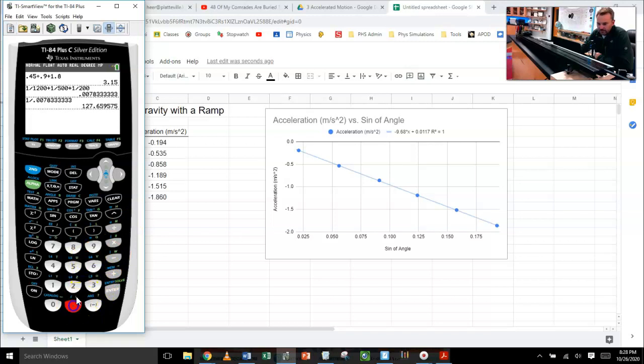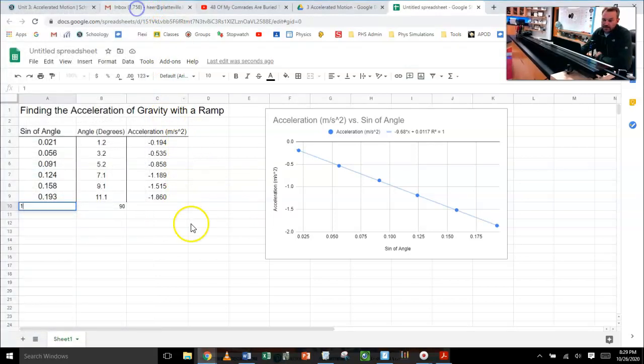Negative 9.68 times 1, this is 1, plus 0.0117. And we were expecting something around 9.8, and we got 9.67, right? So the acceleration that we're thinking that we're getting here is 9.67.